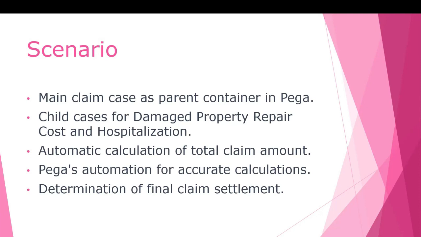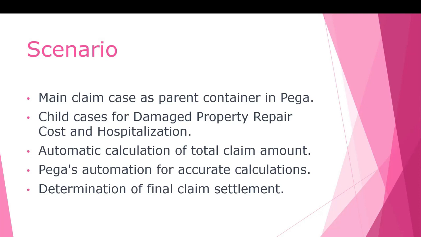And coming to the rest of those two child cases, which is your damaged property repair cost and hospitalization. So these are the two child cases which we are going to create. For damaged property repair cost, I will create one child case. For hospitalization expenses, we will create one more child case type.